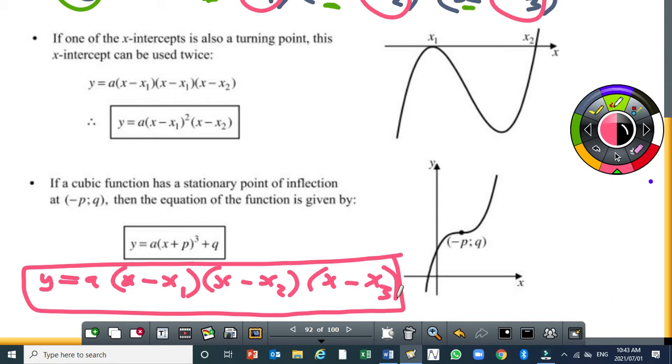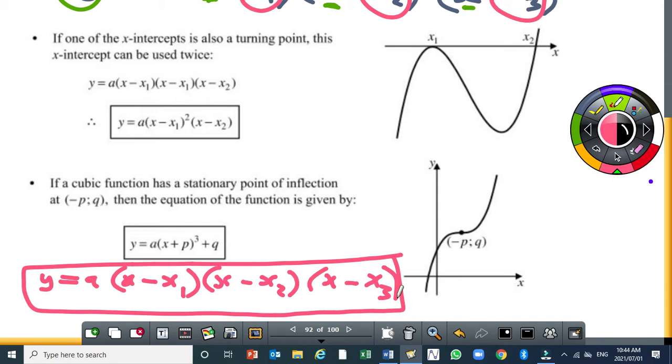Okay, and you need to be aware that there are 3 cases. x1, x2, and x3 can be different values. There is also a case where x1 and x2 are equal. There is also a third case whereby x1, x2, x3 are all equal.